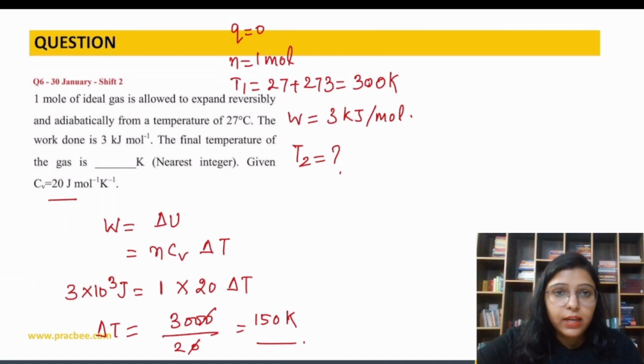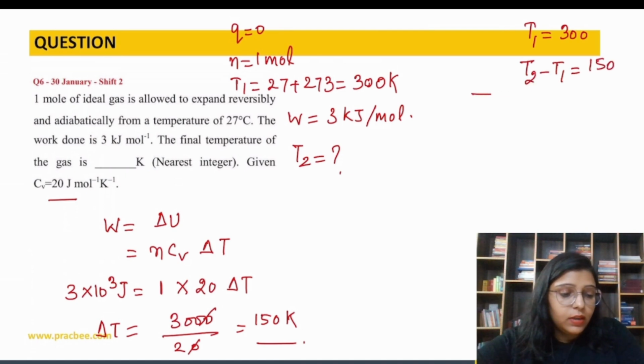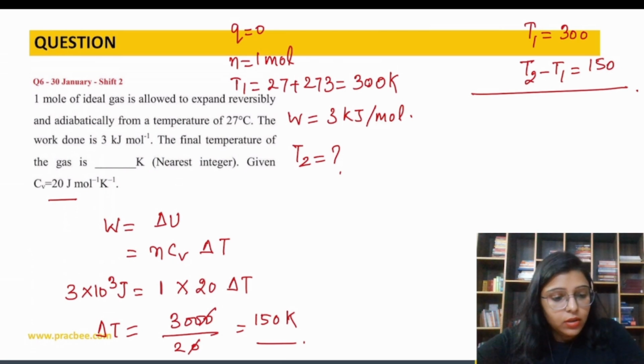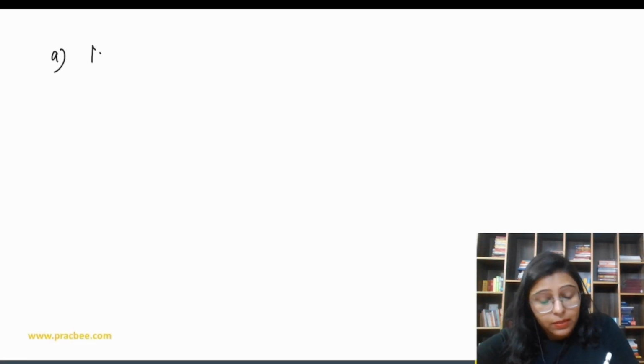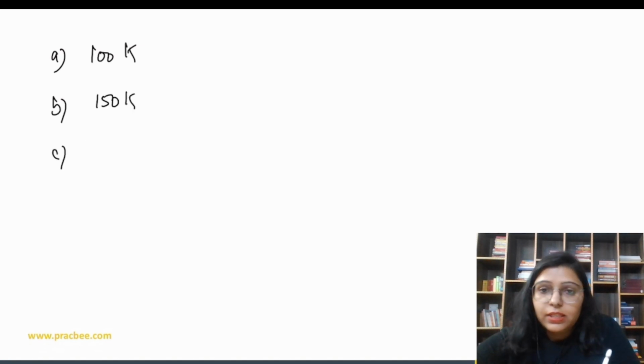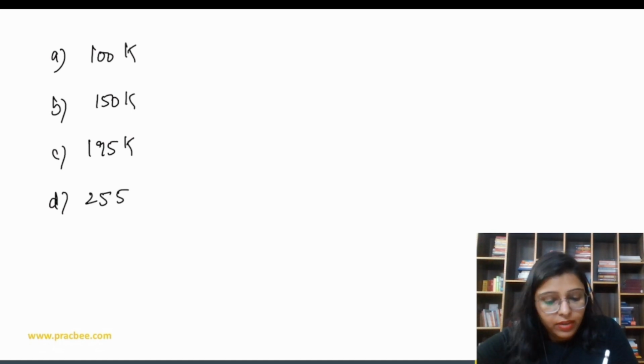T1 is 300. So T2 minus T1 is equal to 150, right? Here options are not given. So if I write down the options, we may have A 100 Kelvin, B 150 Kelvin, C 195 Kelvin, and D 255 Kelvin.